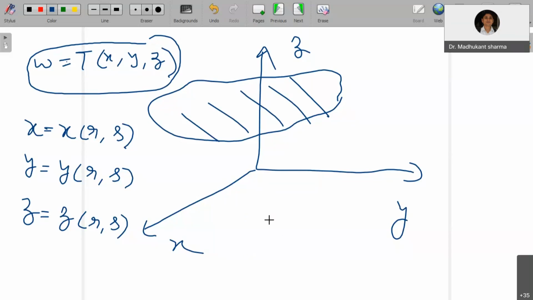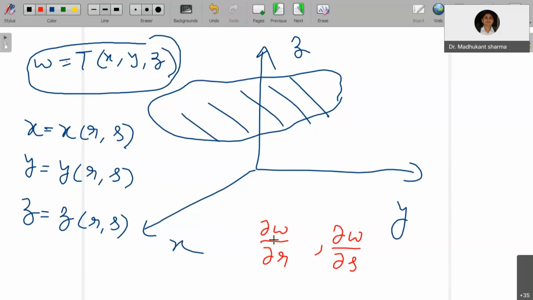Suppose you are interested in now finding dou w by dou r or dou w by dou s, which means you are looking at the change of temperature w with respect to longitude or with respect to latitude.